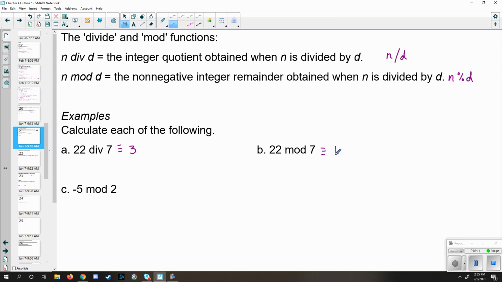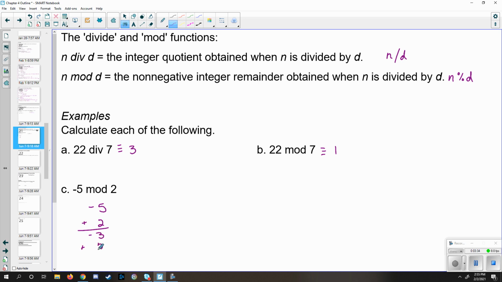The tip that I have for you is when you start with a negative value for your mod, keep adding whatever the divisor is until you get back up to something that is between 0 and whatever the mod is. What do I mean by that? So for this one, it's pretty small numbers, but I would start with negative 5, add 2. That only brings us to negative 3.